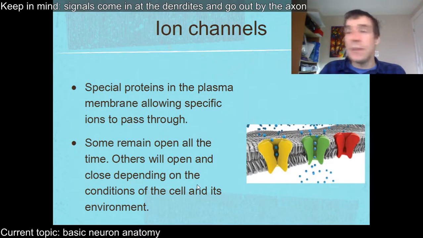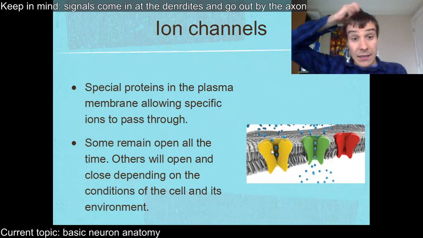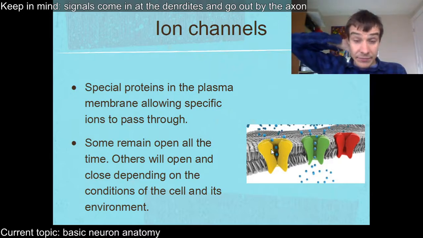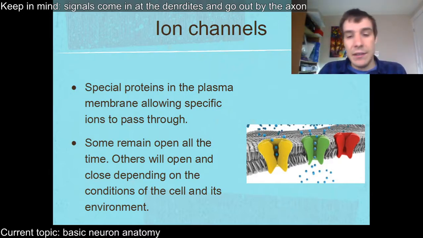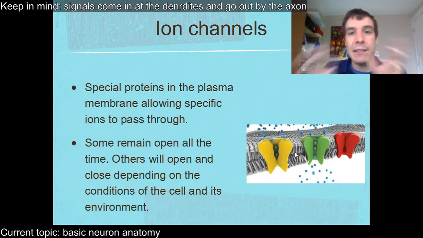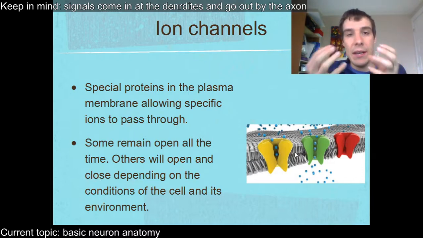So here's one of the most important things about a neuron: its ion channels. They have channels for specific ions. They have channels for sodium, potassium, and chlorine, and it's a very interesting thing. These channels can open and close in response to different stimuli. Remember, different proteins will react to different electrical environments.